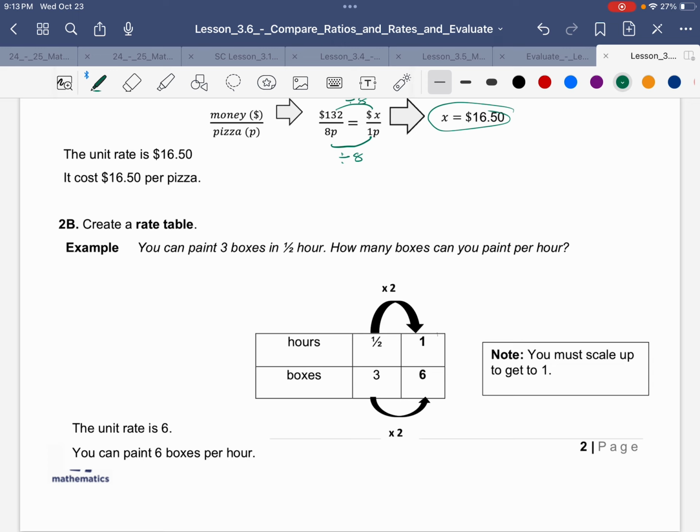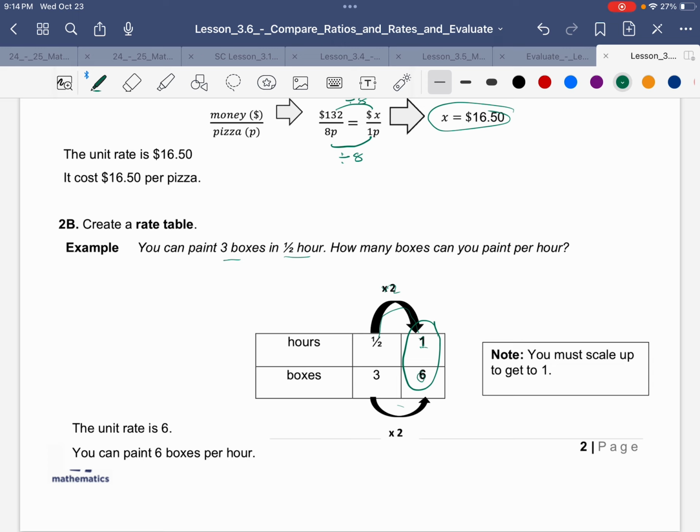So essentially, here's our unit rate, all right? If they gave us 3 boxes in 1/2 hour, that's what they gave you here. But we knew we wanted to go to 1, which is pretty much double. So you had to times 2, and that gave you 1 for my top rate. And you had to do times 2 on the bottom, so 6 for my bottom.